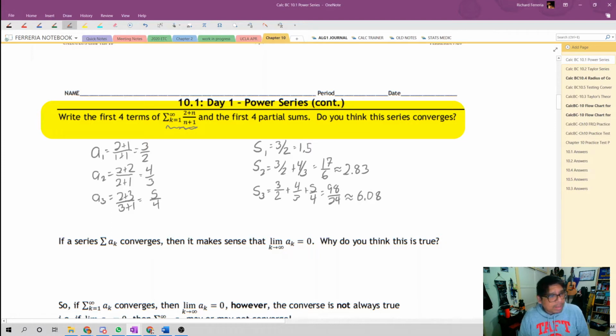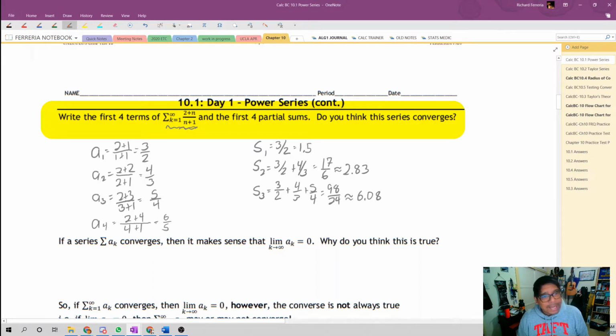And finally, the fourth term of the series is going to be (2 plus 4) over (4 plus 1). What is that? 6 over 5.